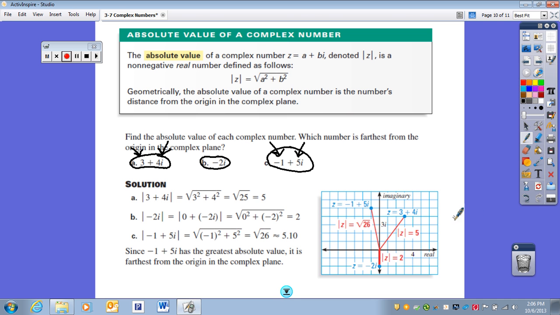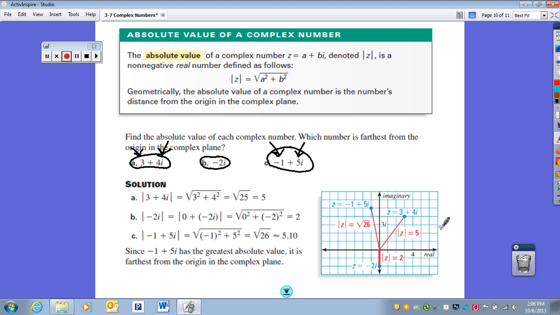Now what we can do then is to take a look on the coordinate plane. So our first example, 3 plus 4i, remember we go 3 units to the right and 4 up on the imaginary axis. This is actually our point on the coordinate plane, and the absolute value of this point is actually this distance then from the origin.